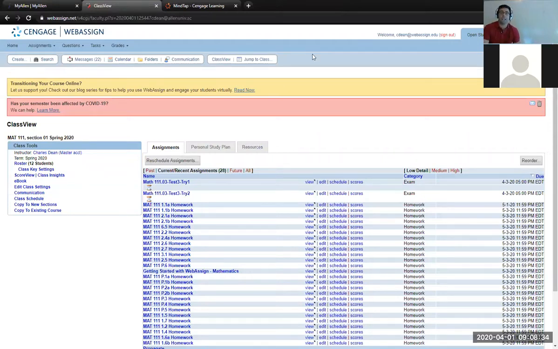So you do not have to do both tries. I would suggest you at least do one of them. But if you do well on that first one, say you get like a 95 or something, then the other try is there if you want to try to do better. But it's definitely not required that you do both.